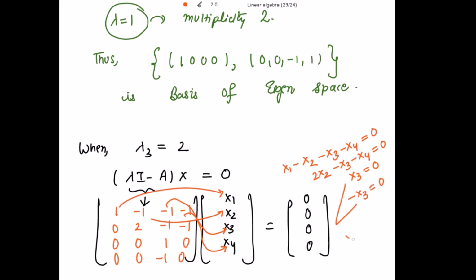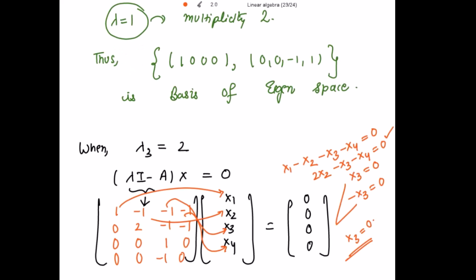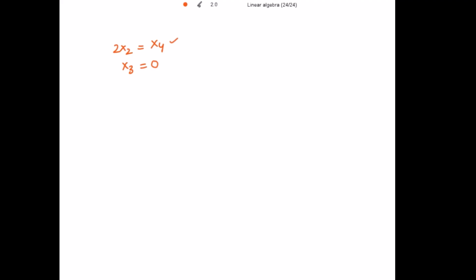So these two imply that x3 is 0, right? And from the second equation, if I put x3 equal to 0, I will get 2x2 equals x4. Then from the first equation, I put x3 equal to 0 and x4 as 2x2, right?